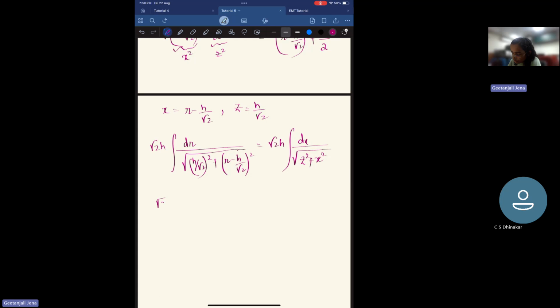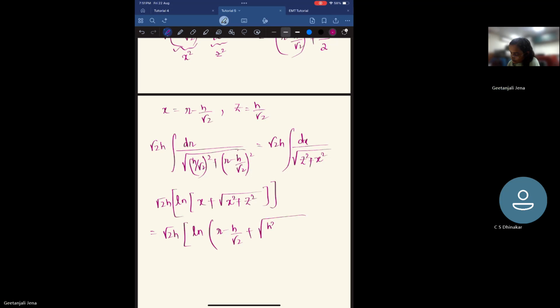The value is root 2h ln x plus square root x square plus z square. Its limit, so root 2h ln x is r minus h by root 2 plus square root of r minus h by root 2 square plus h square by 2.